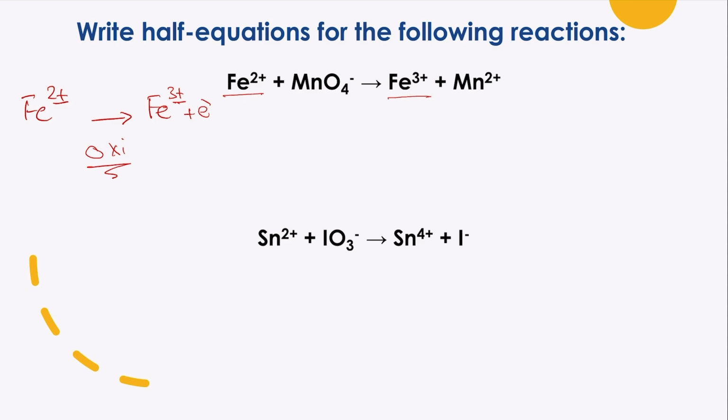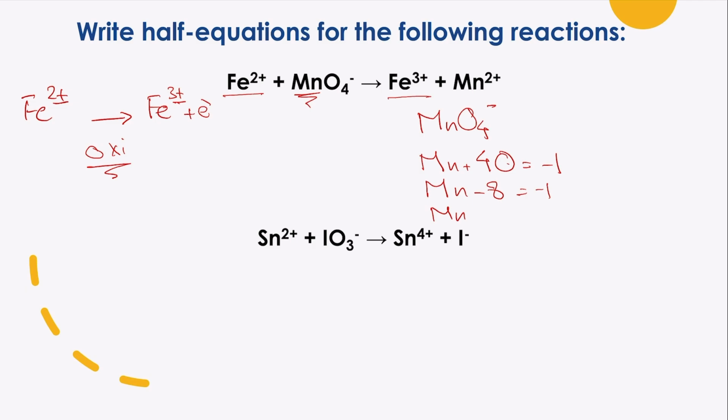What about the reduction half equation? We have here Mn. So MnO4-. We need to check the oxidation number for manganese here. So we need to break it down. So Mn plus 4 oxygen is equal to negative 1. It's a charge. So Mn minus 8, why minus 8? Because we know that oxygen is negative 2. Negative 2 by 4 is negative 8 is equal to minus 1.